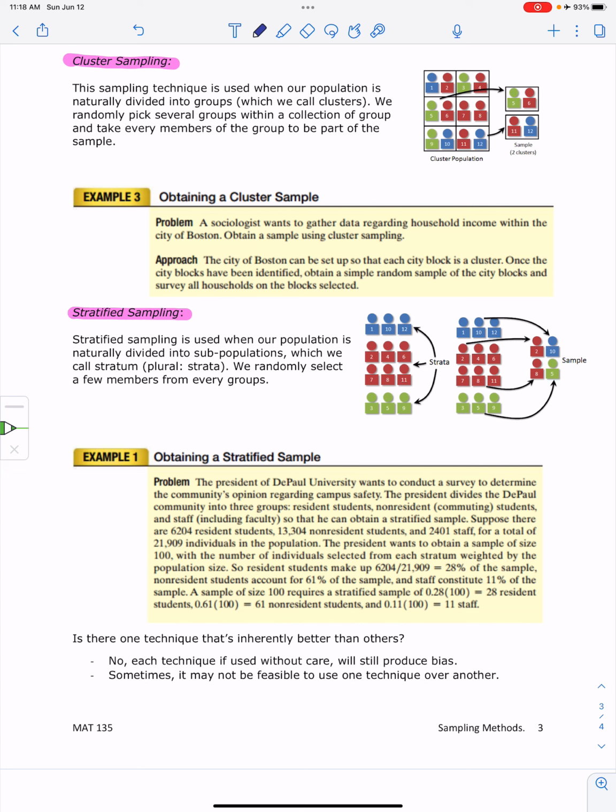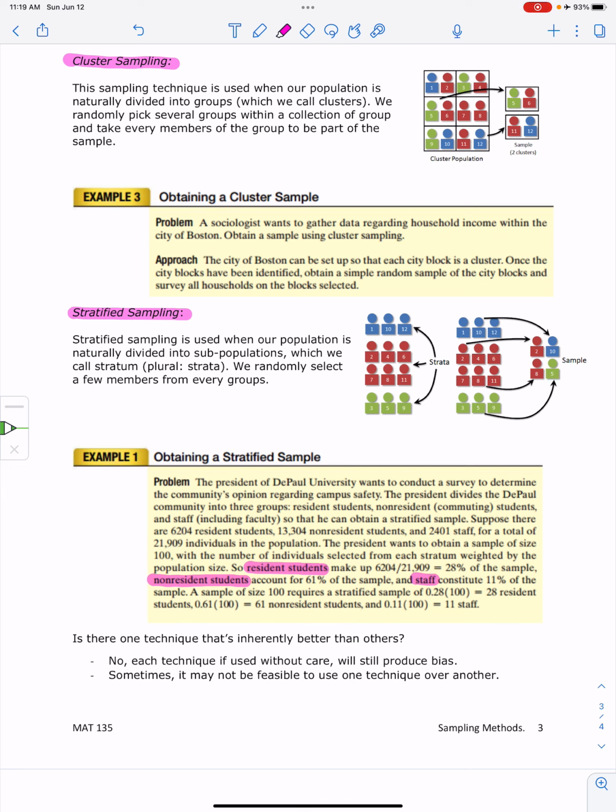Notice though, down here, they identify the strata: non-resident students, staff, and resident students. Going backwards here. So that is how our population is divided.